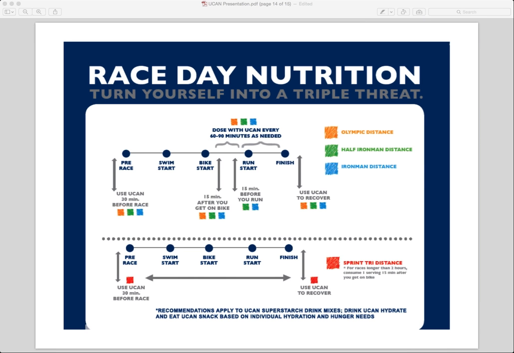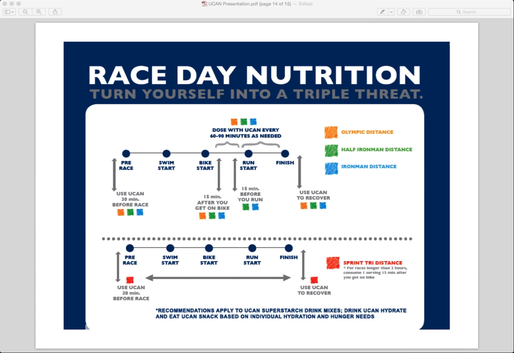And then on the run, you can absolutely, depending on the distance of the triathlon, what people try to do is they try to time their last dose of UCAN as close to when they get off the bike as possible. So the logic there is if I have the UCAN very close to the time I get off the bike, then it's going to sustain me for a good portion of the run.